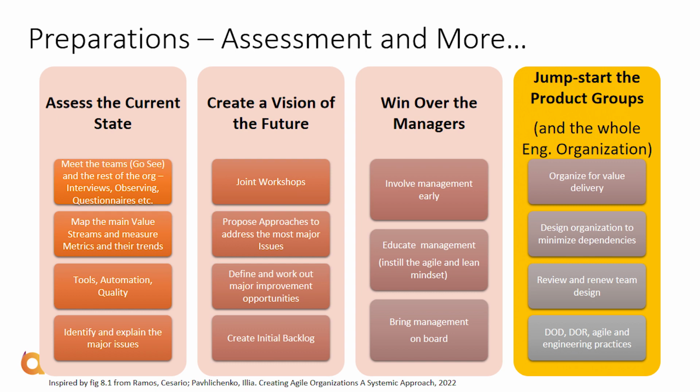And also introduce any policies that you want to introduce at the global level, like quality-related things, DoD, DoR, or any additional complementary practices that you would like to introduce company-wide.